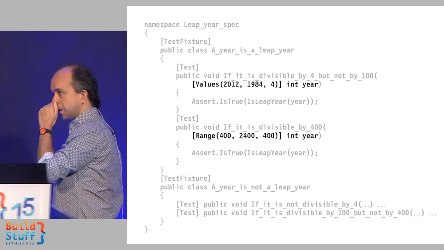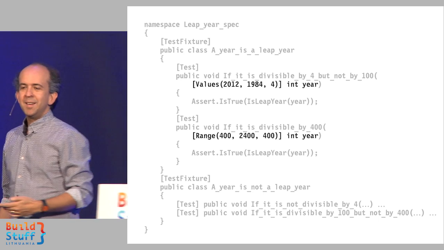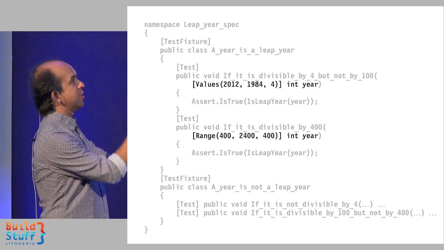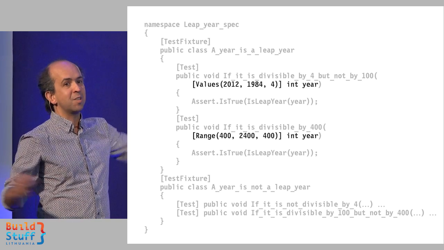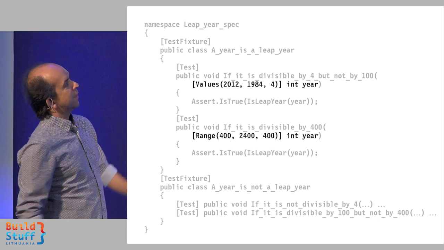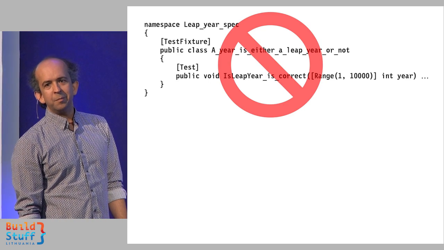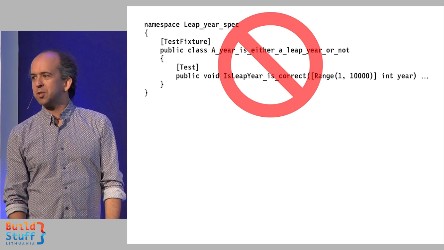Now sometimes when people start to get general with their tests, they say, oh, okay, I've got it. I see what you're doing here, but I think I could put all of these in one test case. And I'm going to call it, a year is either a leap year or not. Well, I think that pretty much covers all the possibilities for a Boolean.